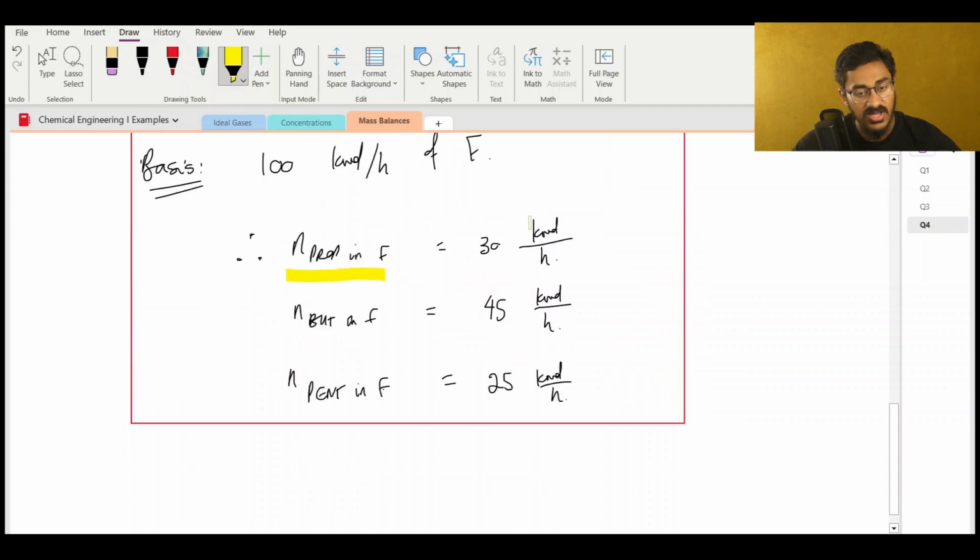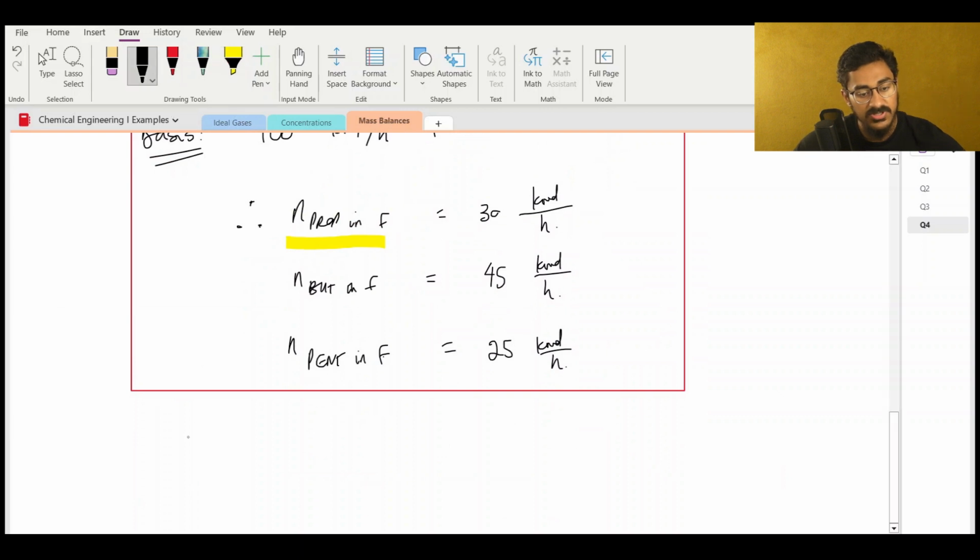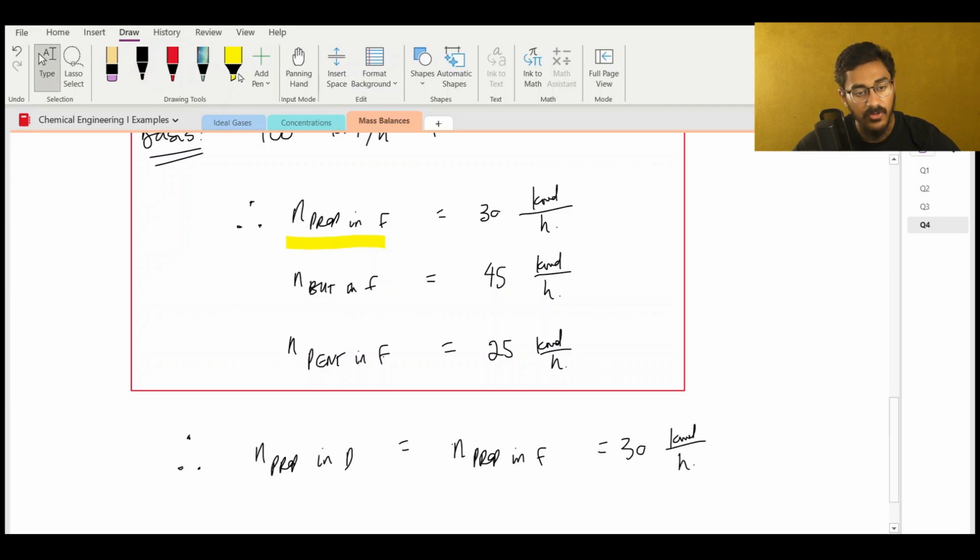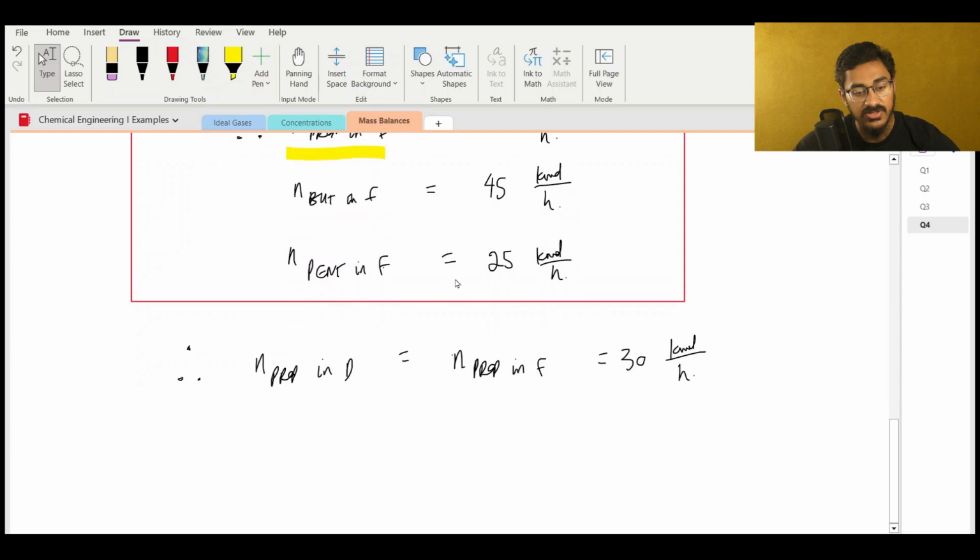So I'm going to say, therefore, the number of moles of propane in the distillate is equal to the number of moles of propane in stream F, because I know that all the propane comes out at the top, and that is going to equal 30 kilomoles per hour. Okay, so that's a good observation.